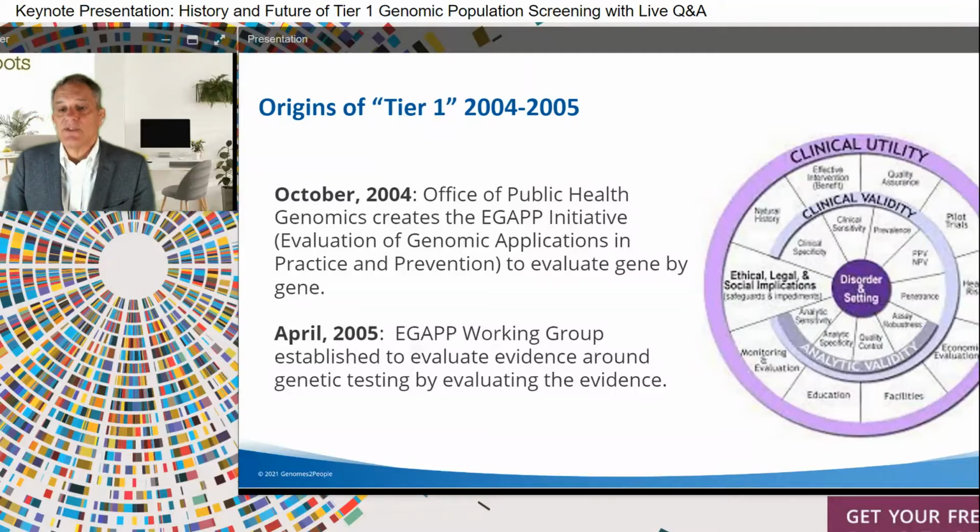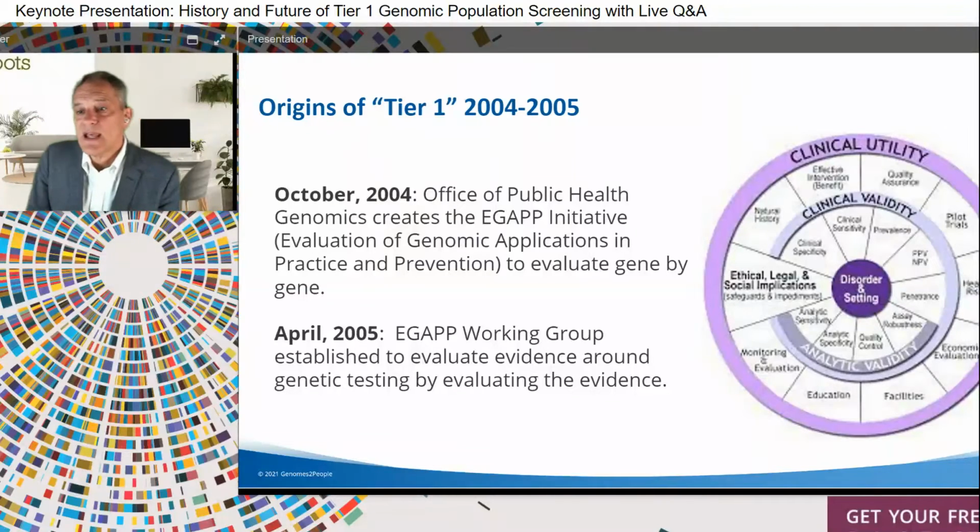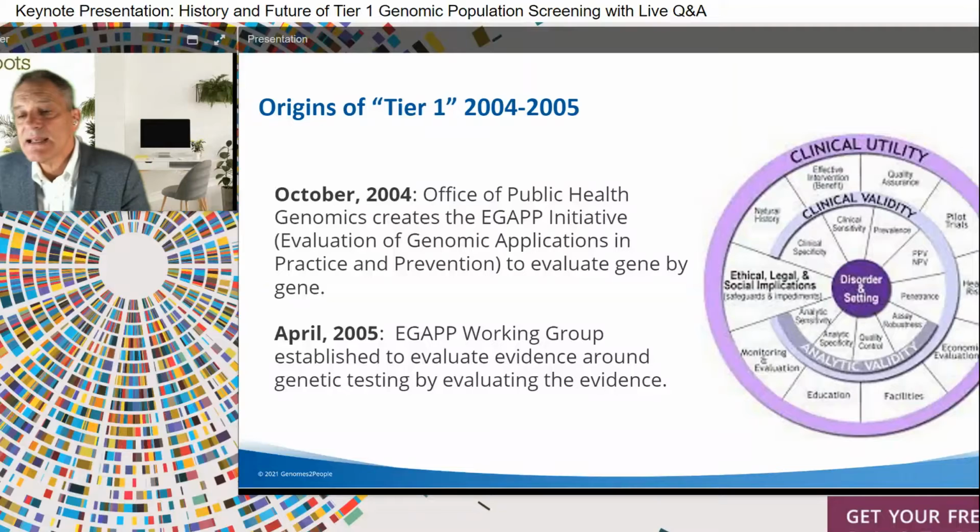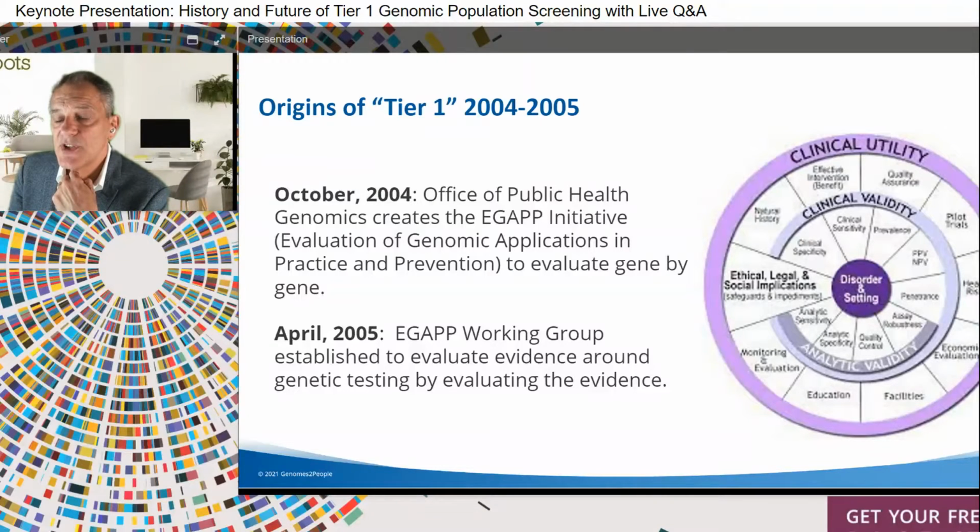And they created this ACCE structure: C for clinical utility, C for clinical validity, A for analytic validity, and E for ethical, legal, social implications. And this became a very common framework for thinking about genomics in the 1990s and the early 2000s.